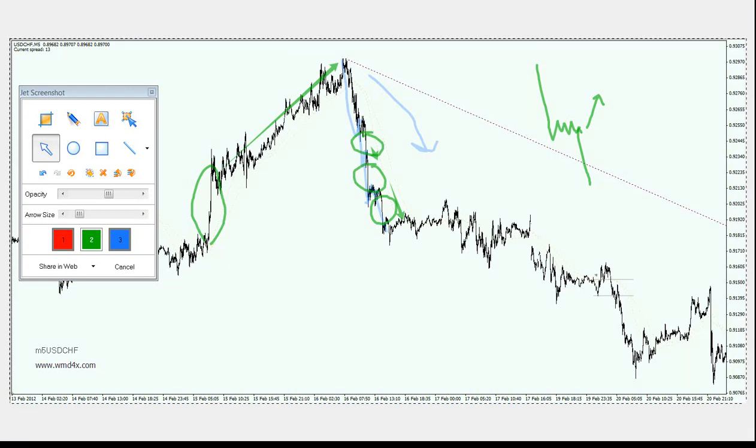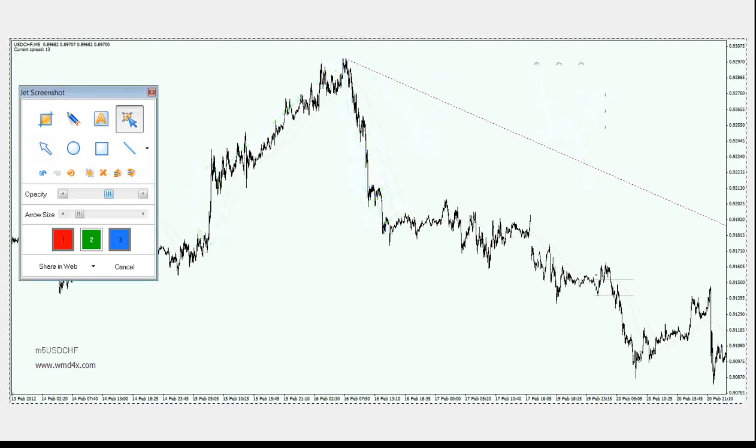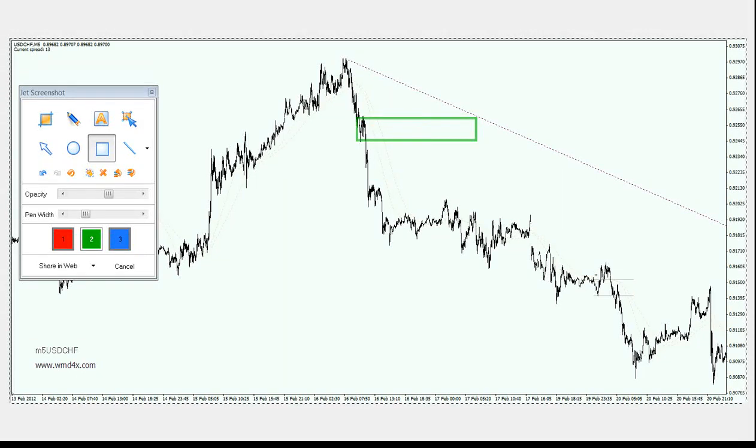Now, if we're looking for an example of a pullback, then the way that we chart this as you're going along in real time is that all you have to do is mark off the areas of consolidation, right? In each instance, we're just marking the last area of consolidation.